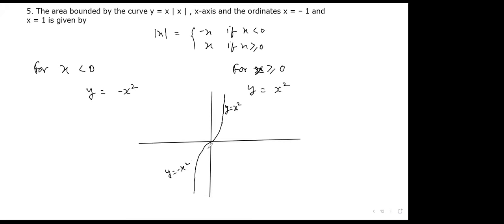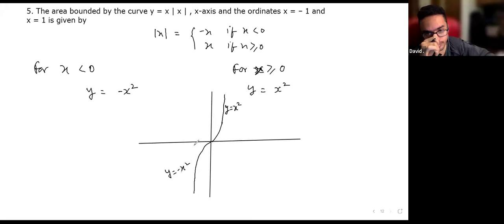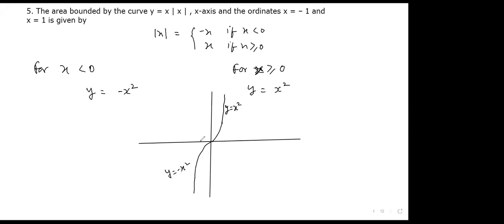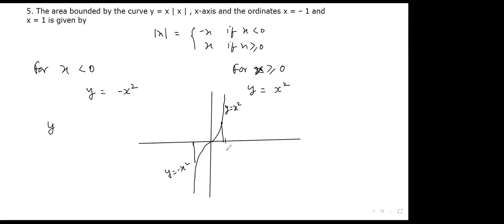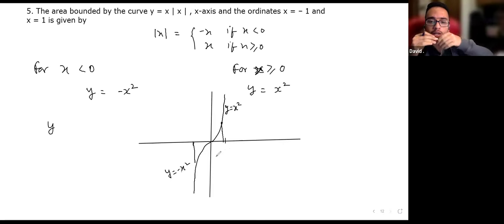Even if we do not understand the graph properly, you can still solve this question. We have x equals -1 and x equals 1, so we have to find the area of this part. We only need to find the area of one part and multiply by 2, because they are symmetrical, right, sir?